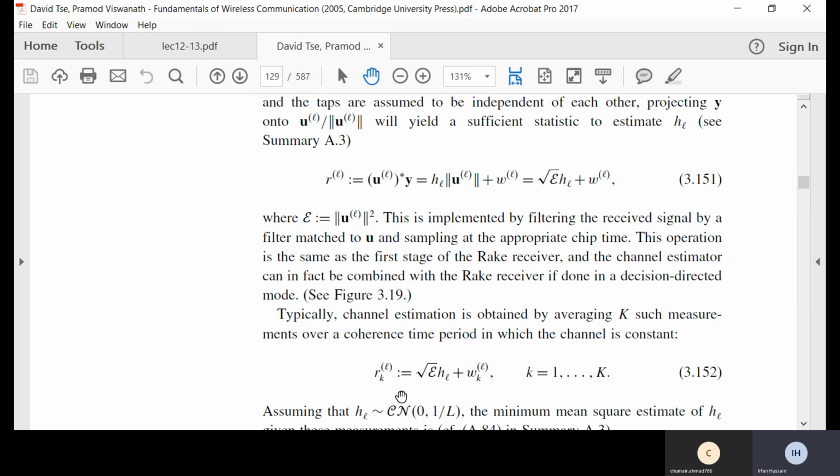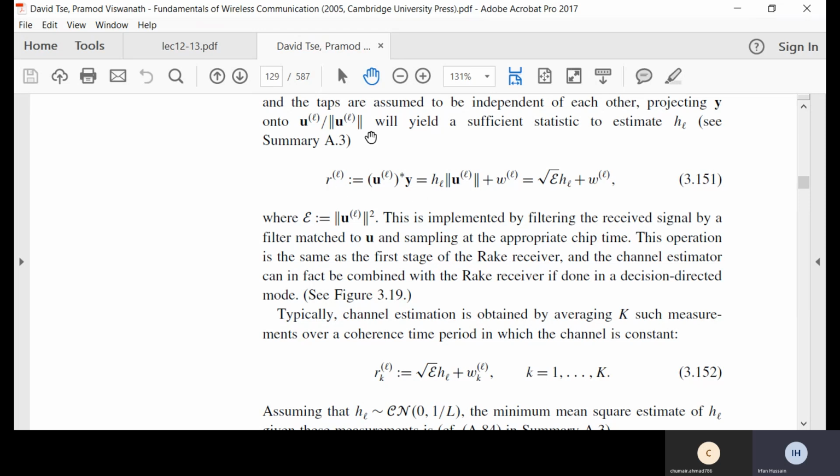So let us say we want to estimate the channel coefficient for the lth tap. So the received signal will be like this, as we have seen before, times HL. But you could see that this is one realization.